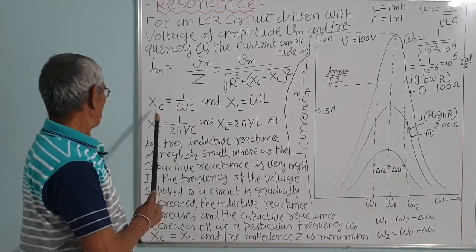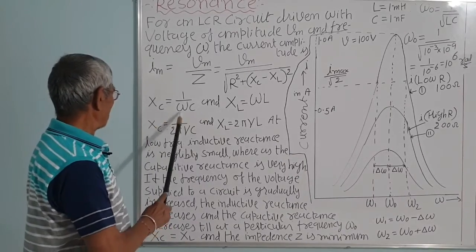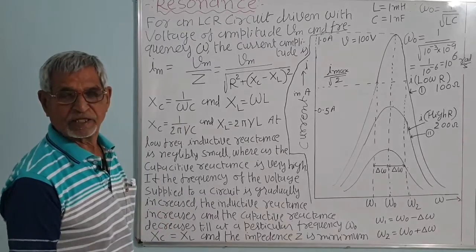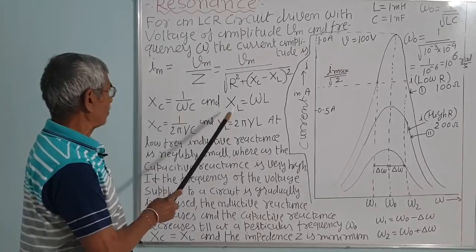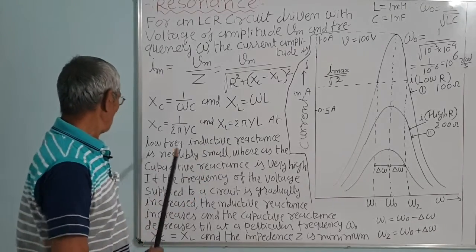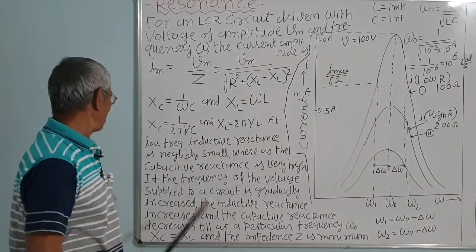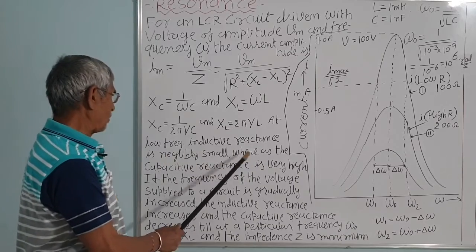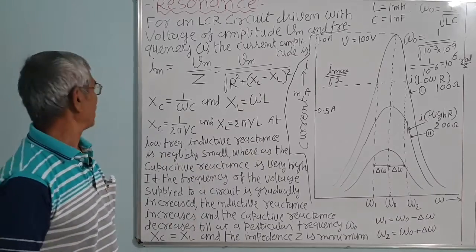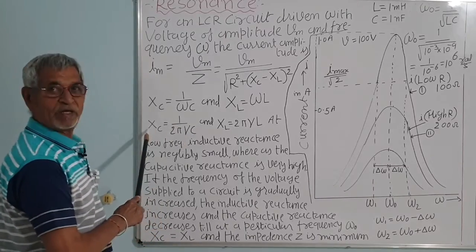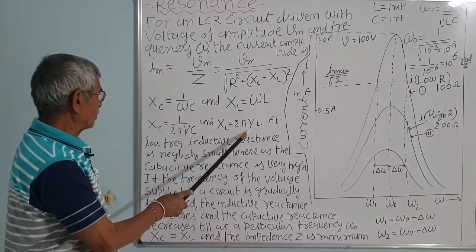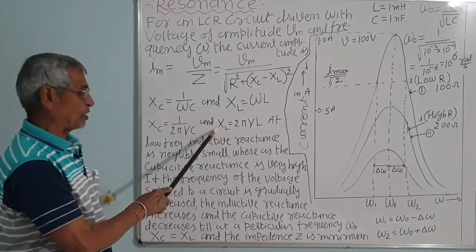Xc is equal to 1 upon 2 pi nu C and XL is equal to 2 pi nu L. At low frequency the capacitive reactance will be more and inductive reactance will be negligibly small. Xc is inversely proportional to frequency, so if frequency is low, Xc will be high. XL is directly proportional to frequency, so it will be low.